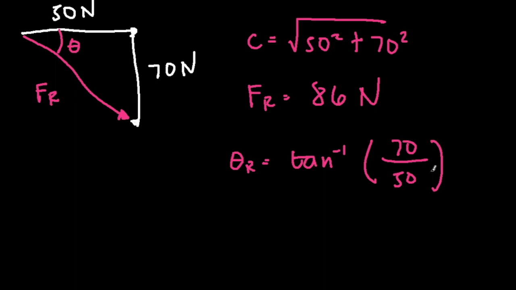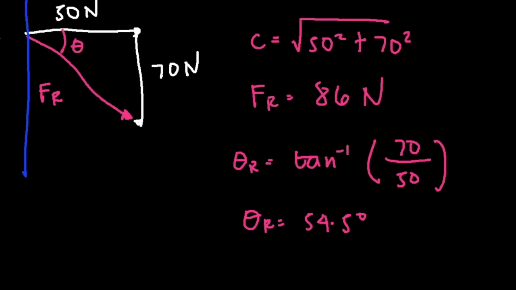And we should have 54.5. Our reference angle is 54.5 degrees. But again, if you try to graph this on the Cartesian plane or an xy plane, it will lie on the fourth quadrant.